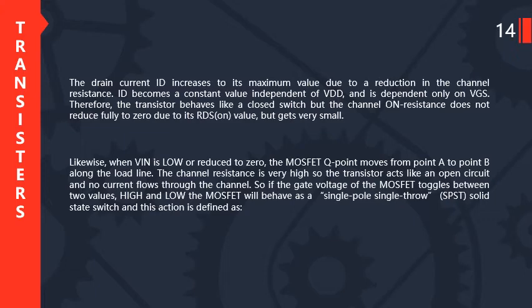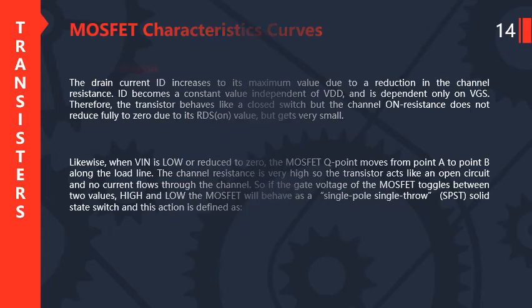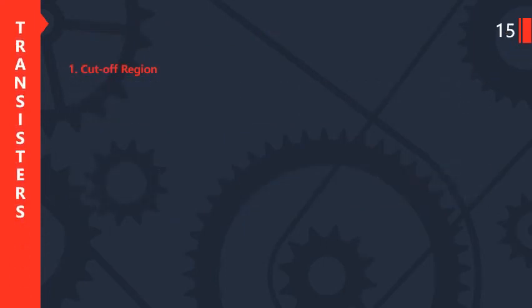So if the gate voltage of the MOSFET toggles between two values, high and low, the MOSFET will behave as a single pole, single throw SPST solid state switch, and this action is defined as cutoff region.